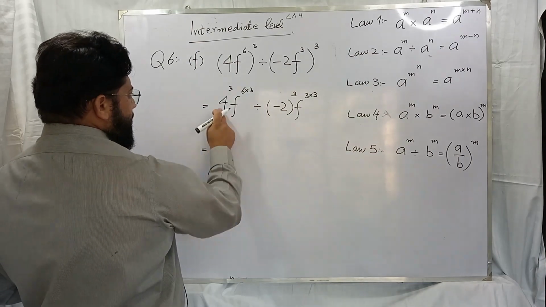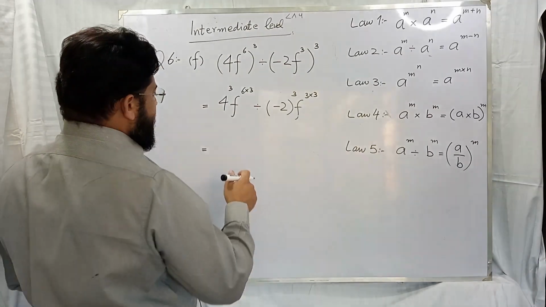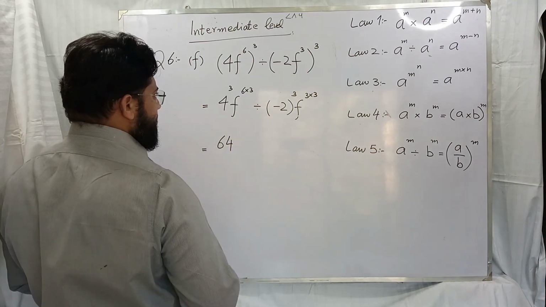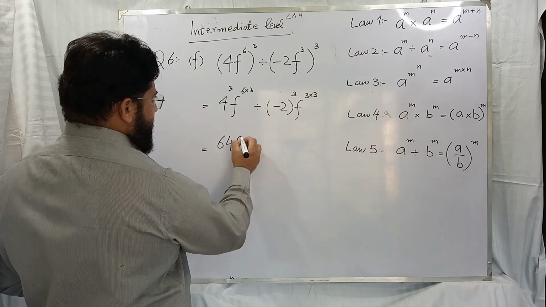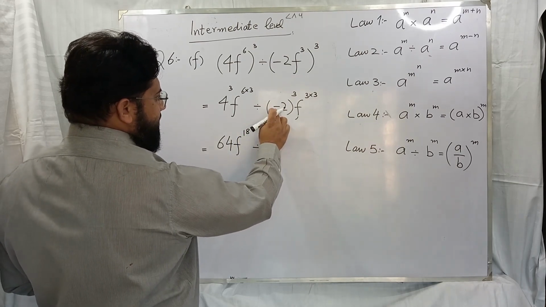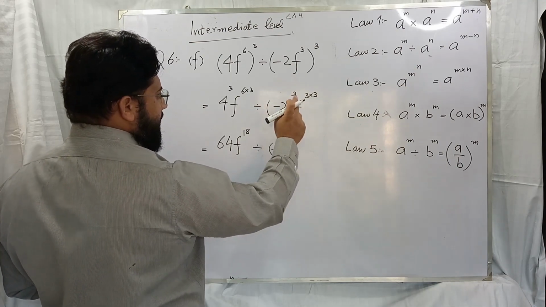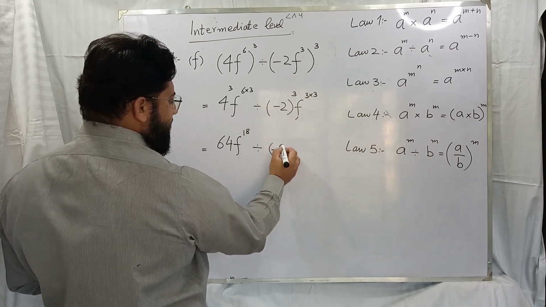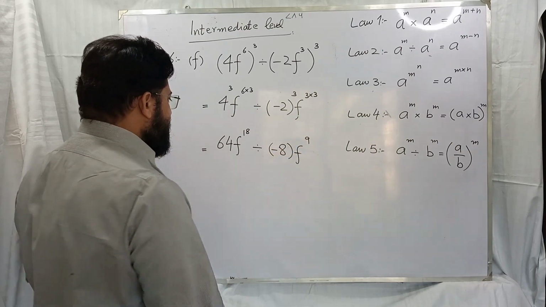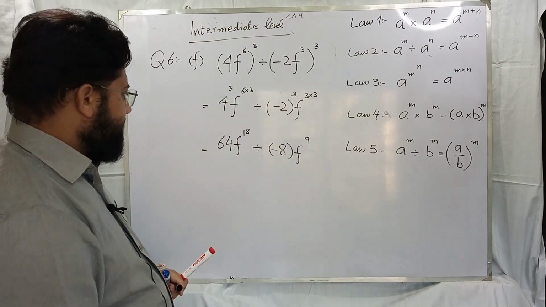Now 4 cube means 4 into 4 is 16, 16 into 4 is 64, f to the power 18 divided by minus, odd times we get minus sign, 2 into 2 into 2 we get 8, f to the power 9. This is a bit simplified form of the question.